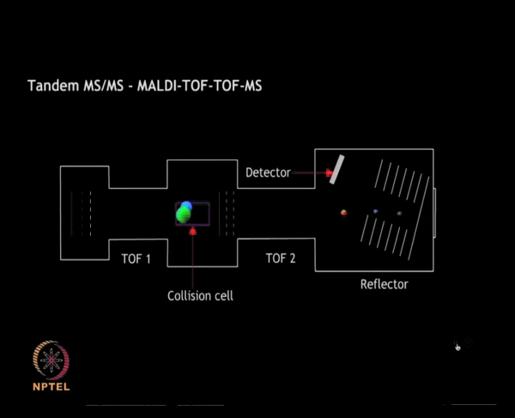The fragmented ions are accelerated and further resolved on the basis of their m by z values in the second time of flight tube, after which they can be detected.